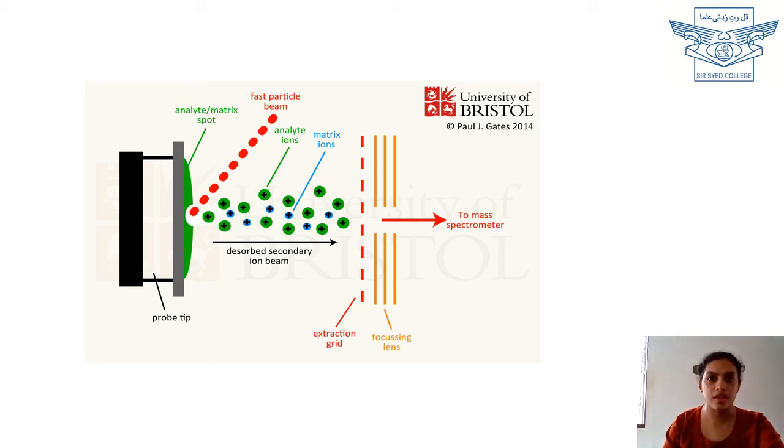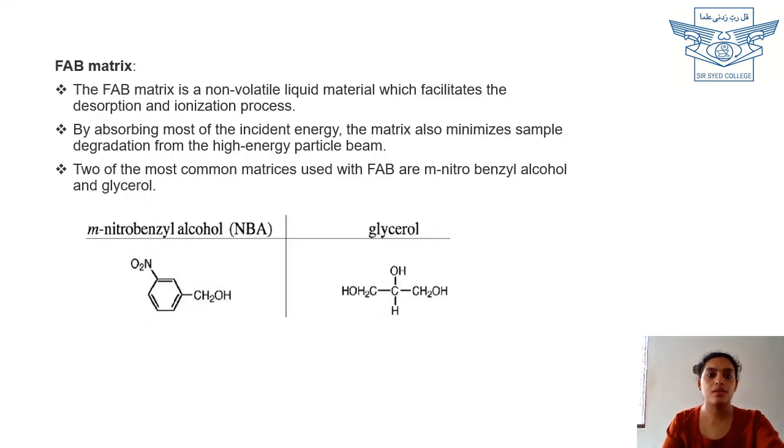It will not cause any confusion. And here the same procedure happens: it goes to the analyzer chamber and then it gets recorded. The FAB matrix materials normally used are meta-nitrobenzyl alcohol and glycerol.